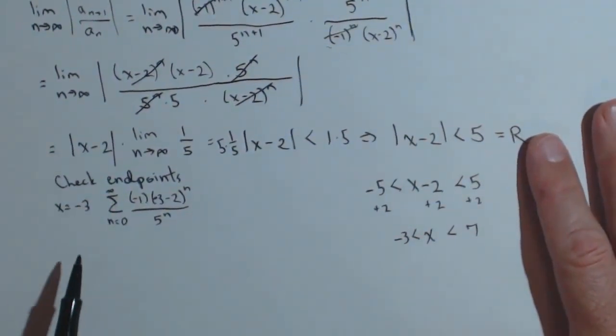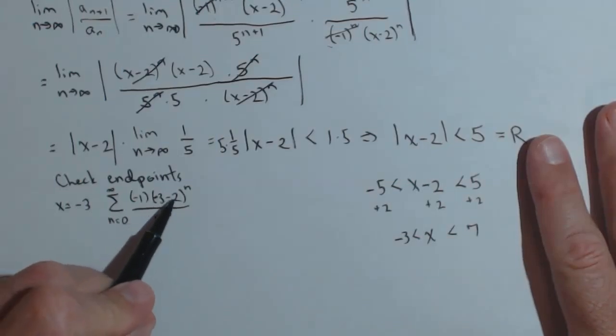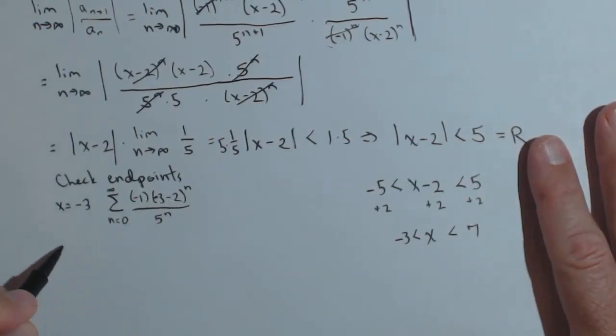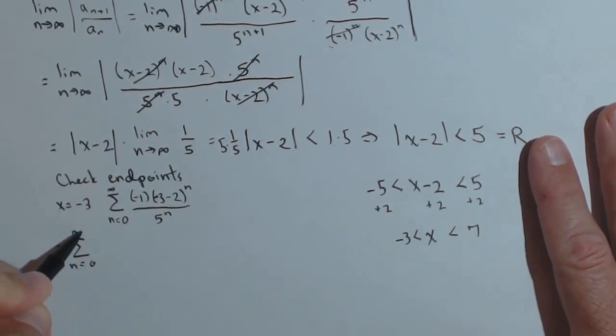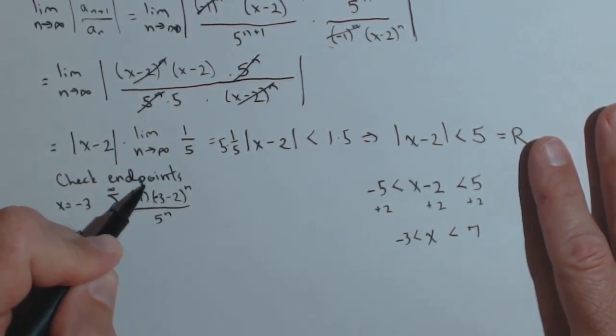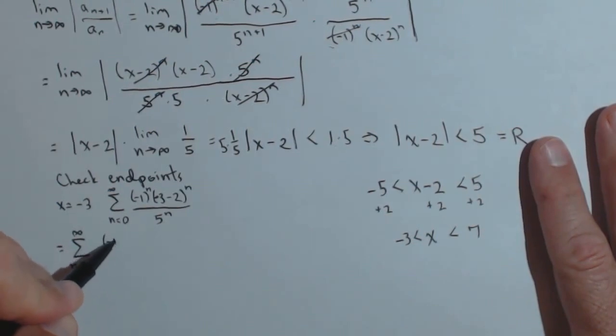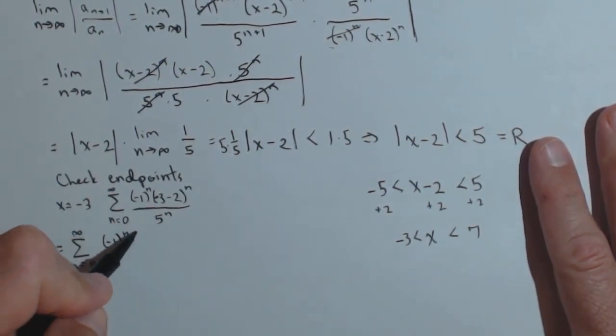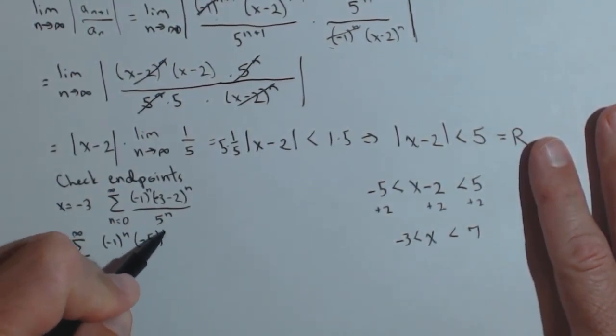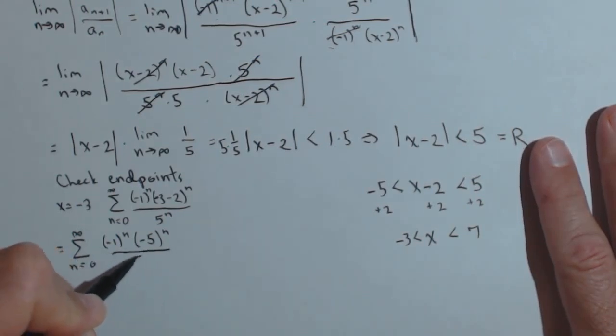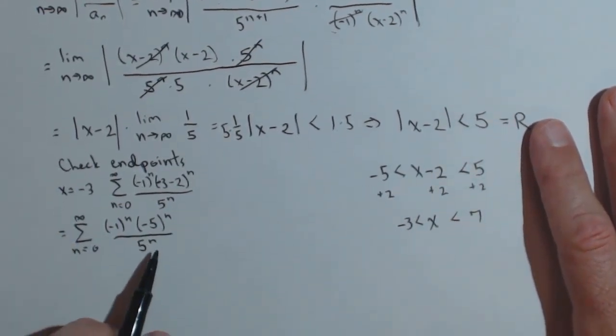So let's see what happens. If I do that, I need to simplify. I've got the sum from n equals 0 to infinity of negative 1 to the n, and I'm going to end up with negative 5 to the n all over 5 to the n.